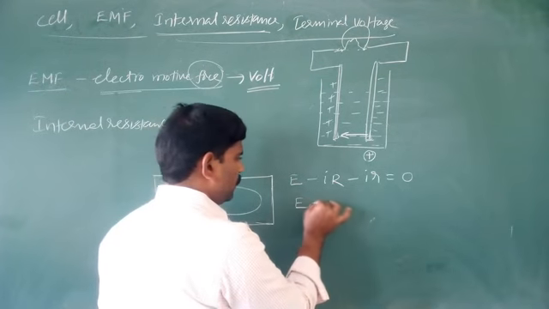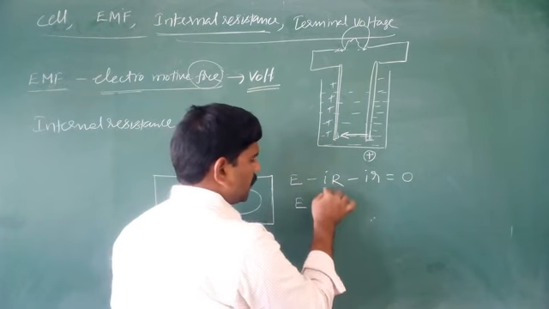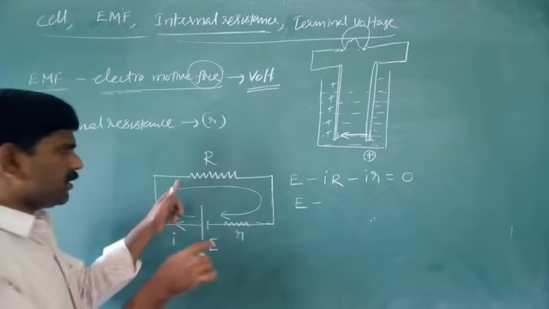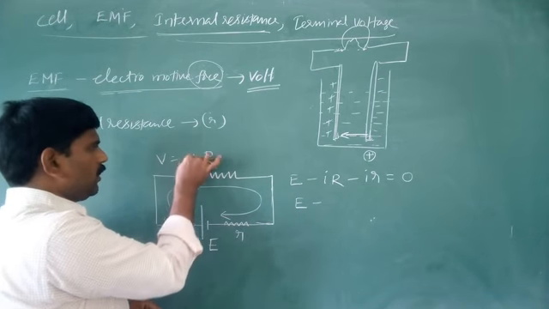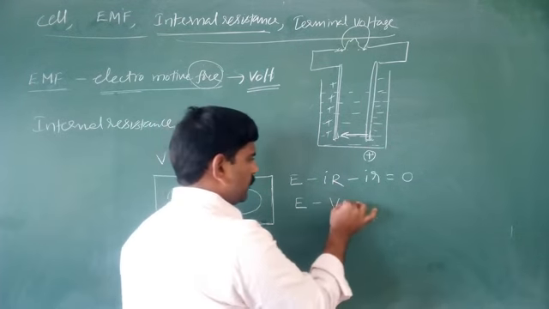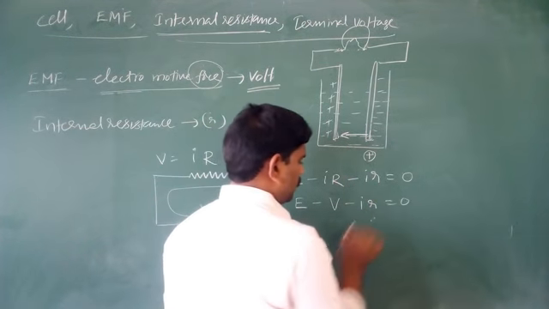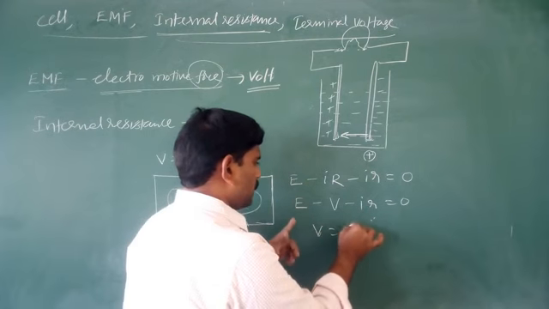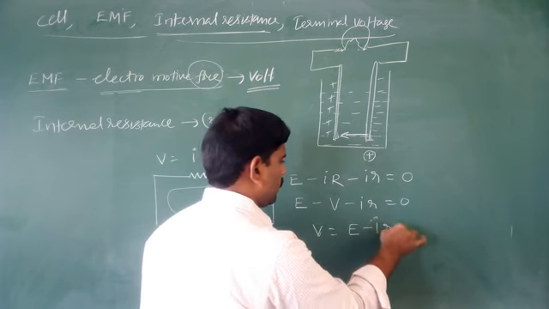Therefore, E minus V minus I into r is equal to 0. Therefore V is equal to E minus I into r.